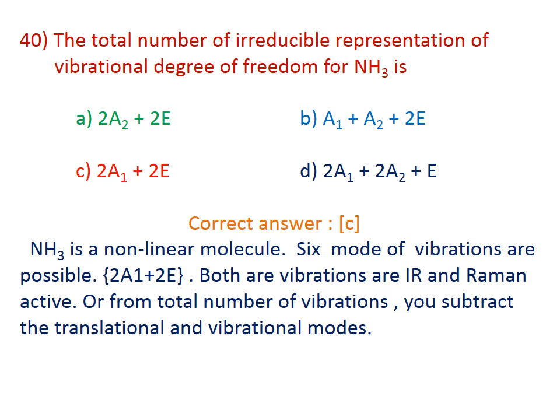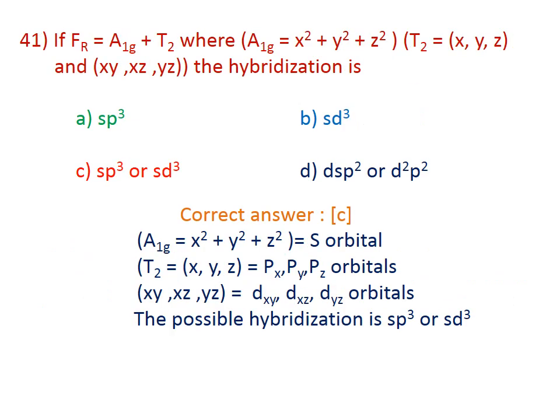From that you subtract translational and rotational modes, and you will get the vibrational modes. Tau total minus bracket tau translational plus tau rotational will give the tau vibrational. The tau vibrational for this ammonia molecule is 2A1 plus 2E.